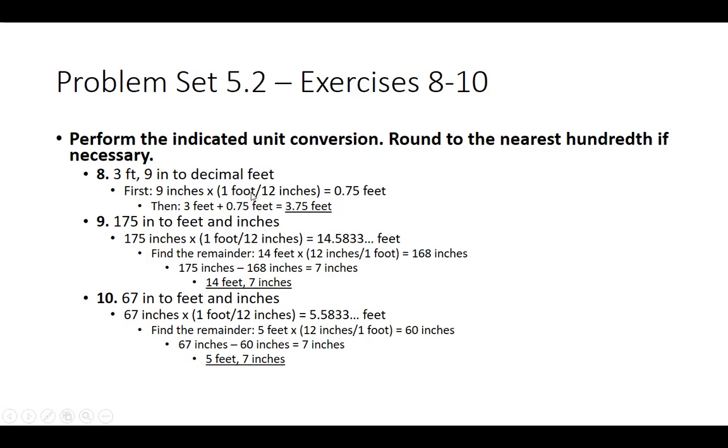The conversion factor with feet on top and inches on the bottom is 1 foot over 12 inches. 9 times 1 divided by 12 gives us 0.75 feet. Add that to the 3 feet from the original problem. 3 feet plus 0.75 feet gives us 3.75 feet.